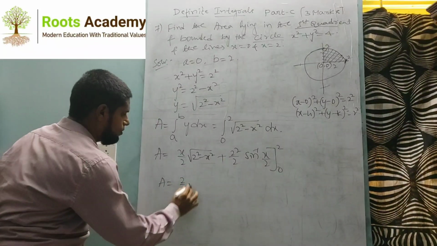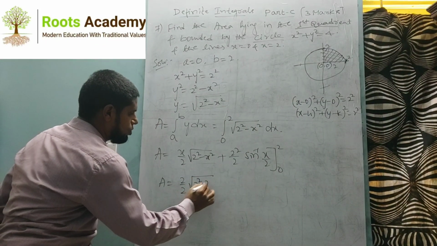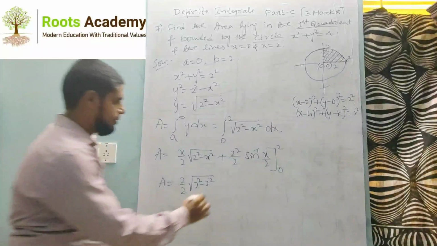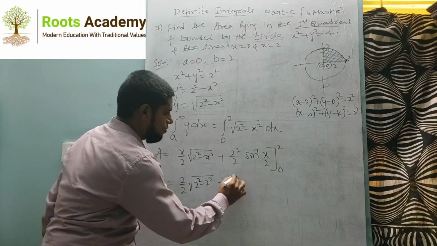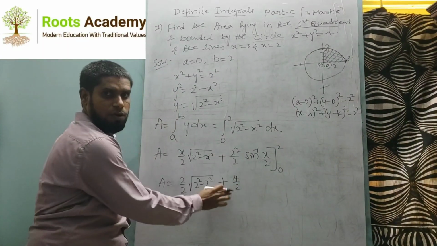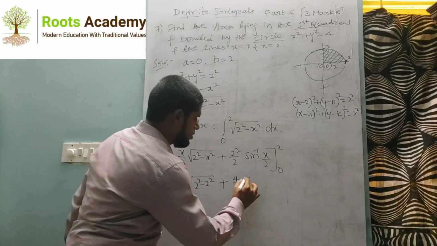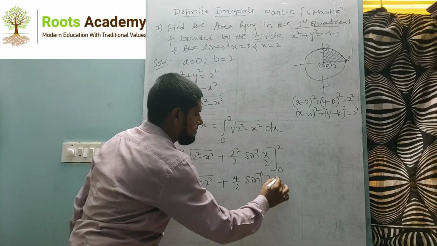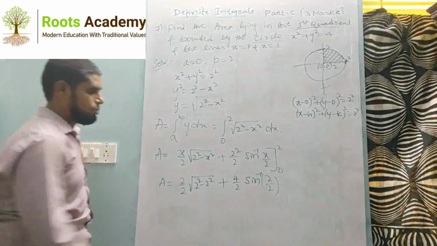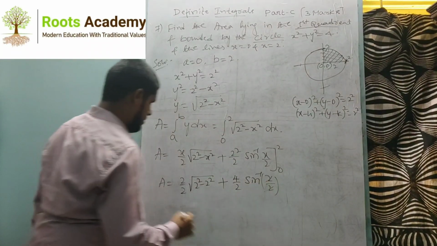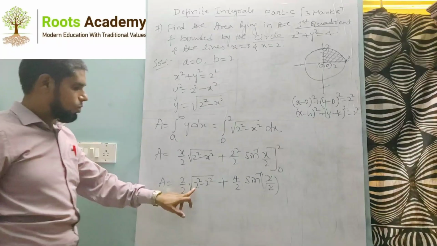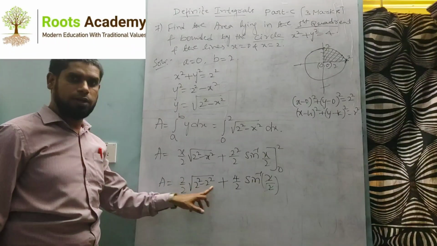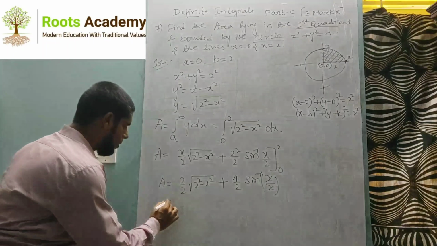2 by 2 root of 2 square minus 2 square plus 4 by 2, where 2 square is 4, divided by 2, sine inverse 2 divided by 2. 2 by 2 cancels one time, and this is root of 2 square minus 2 square, which is 0. 0 into anything is 0.